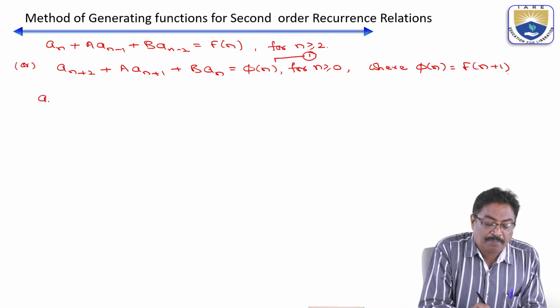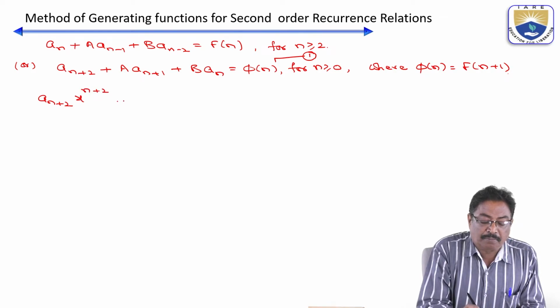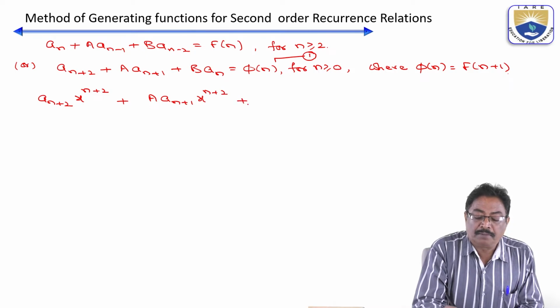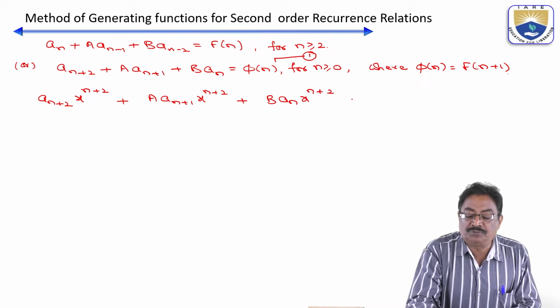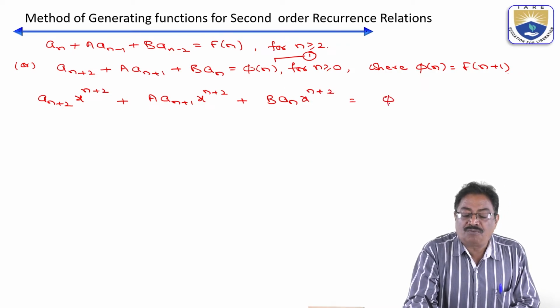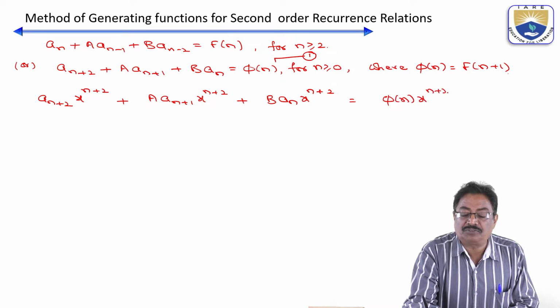So a_(n plus 2) x to the power of n plus 2, plus a a_(n plus 1) x to the power of n plus 2, plus b a_n x to the power of n plus 2, is equal to phi of n x to the power of n plus 2.